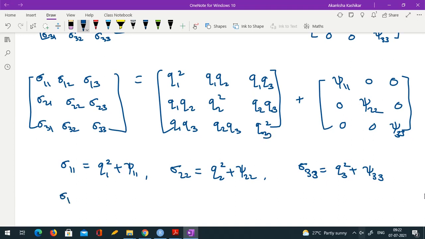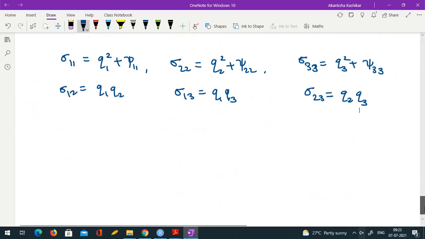Then I have sigma 1 2 as Q1 Q2, sigma 1 3 as Q1 Q3, and sigma 2 3 as Q2 Q3. Correct? Do I need to put any other equalities? No, I think we have covered all the entries of sigma matrix because of symmetry.